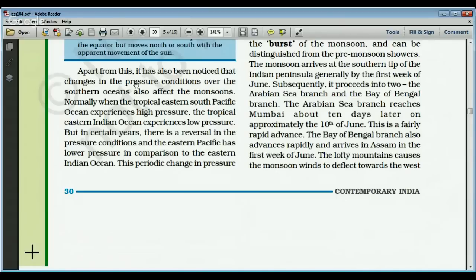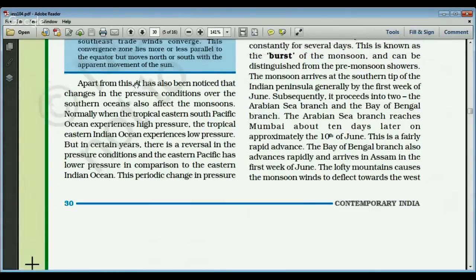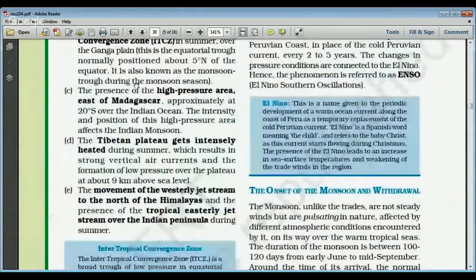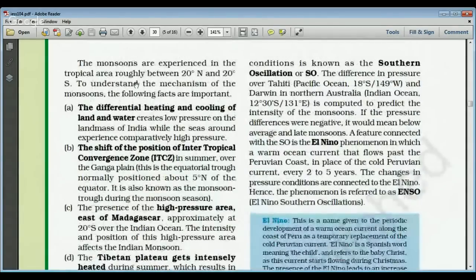But in certain years there is a reversal in the pressure conditions, and the eastern Pacific has low pressure in comparison to the eastern Indian Ocean. This periodic change in the pressure condition is known as the Southern Oscillation, or SO.